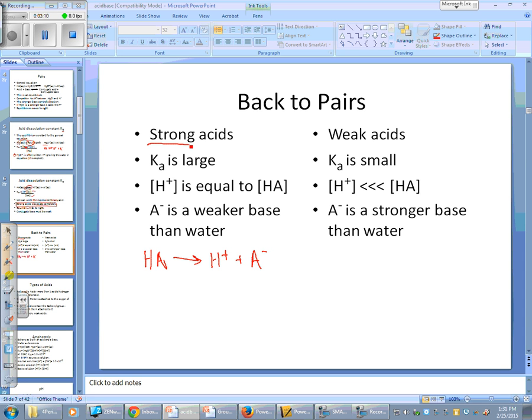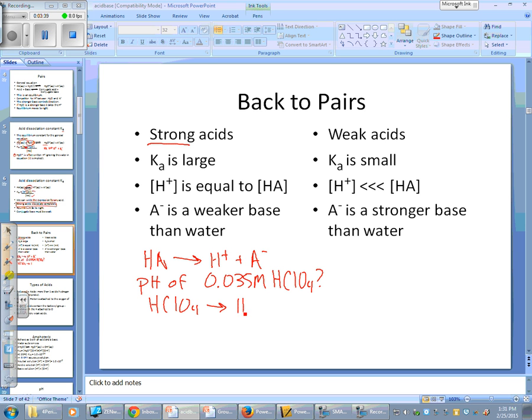We can look at that here in a question. Let's say I have a strong acid. Let's say I want to know the pH of a 0.035 molar solution of the strong acid perchlorate. So what we're going to do here is we'll write the dissociation equation.